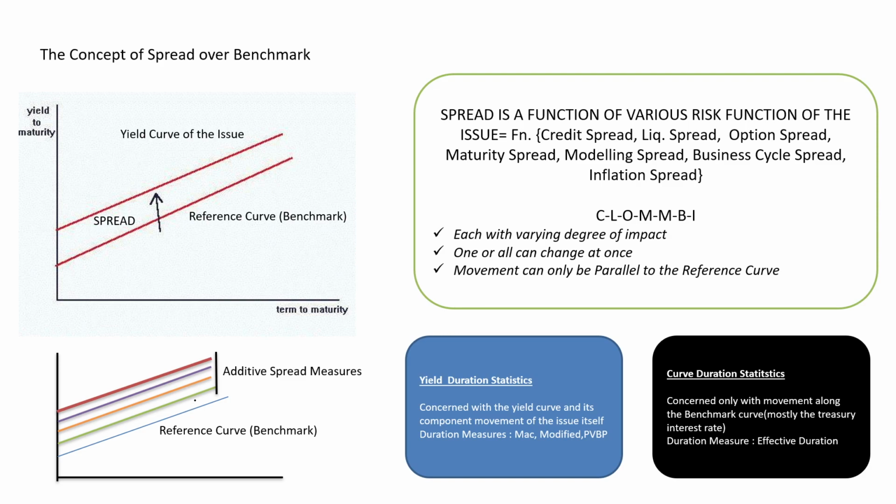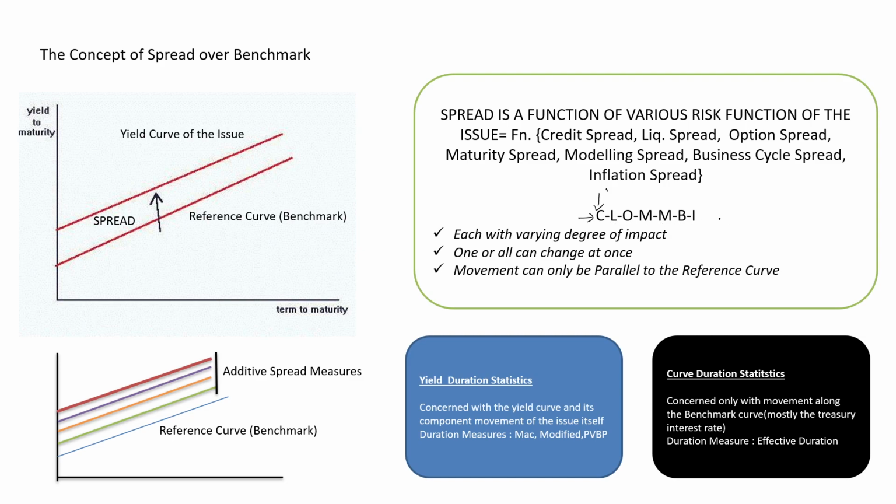Any security which is not default free, for example a corporate security, will have proportionate risk measures which are stackable in nature. These are the components of those risks, starting with the credit spread or credit risk, liquidity risk, option, modeling, maturity, business cycle, and last but not the least, the inflation spread.